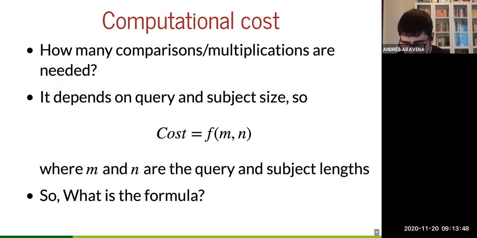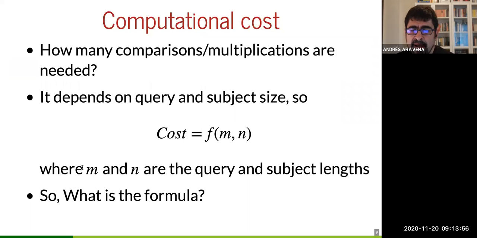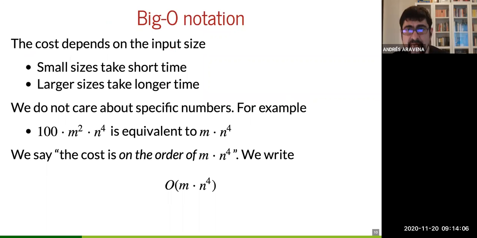So we're looking for a formula that describes essentially how the number of comparisons depends on the input size. And that will tell us something about what problem can be solved in real life and what cannot be solved. So in general, except very crazy problems, the small sizes take shorter time and larger sizes take longer time.